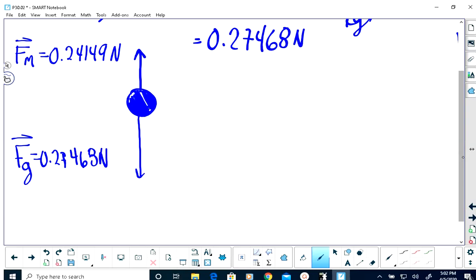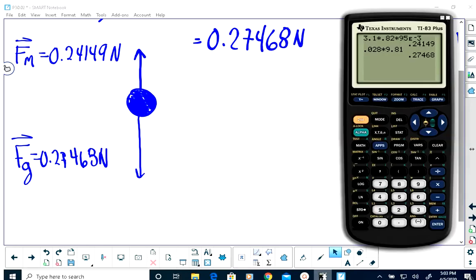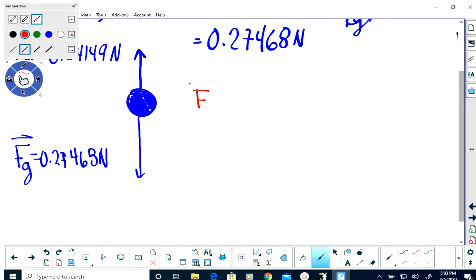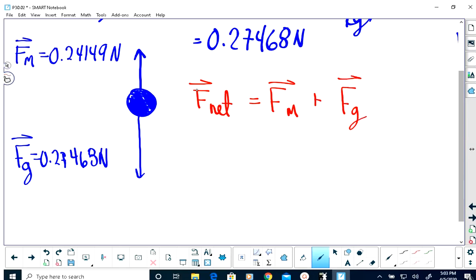I haven't drawn this to scale. I don't think it's that much greater, but we can go ahead and subtract those two magnitudes in order to determine the resulting sum, which is the net force. Just before I do that, I want to make sure that you understand that the net force is the sum of the two forces. But when you add forces, you add them taking direction into account.